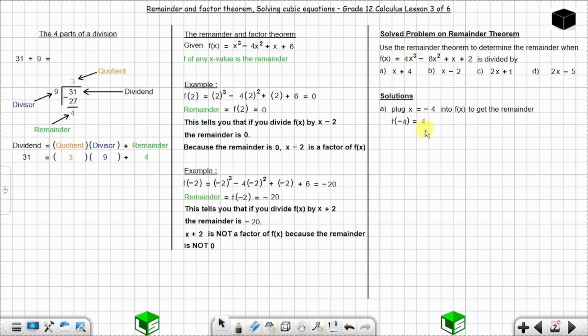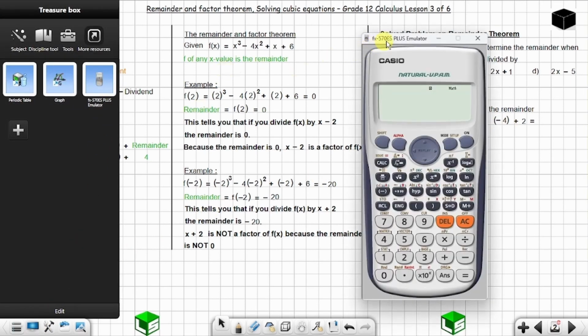So you have 4 times negative 4 to the power of 3 minus 8 times negative 4 to the power of 2 plus negative 4 plus 2. This is equal to, you are going to plug this in your calculator, okay, to get the remainder.